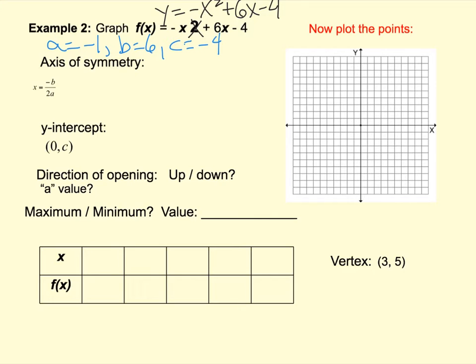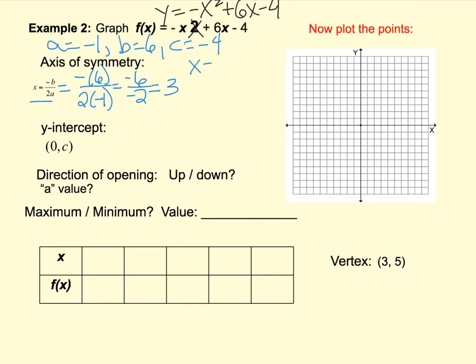C equals negative 4. So to find the axis of symmetry, we're going to start with this formula, and we're going to do negative, that's part of the formula, and then we're going to put our 6, because b is 6, all over 2 times a. Our a is negative 1. So that gives me negative 6 over negative 2, which is a positive 3.